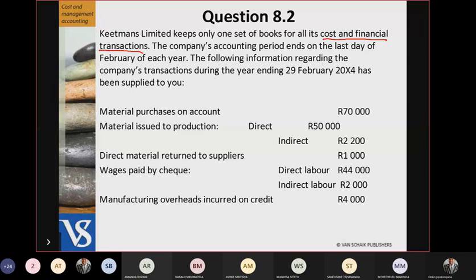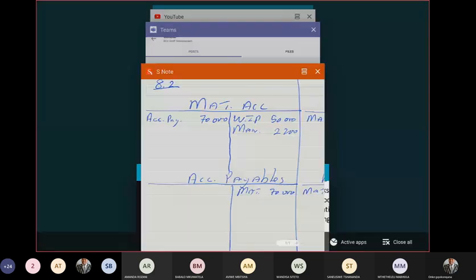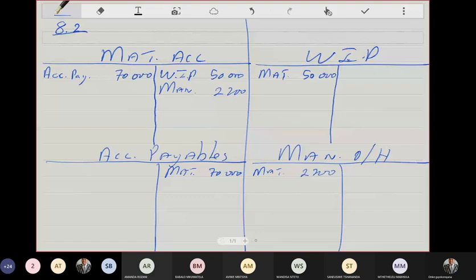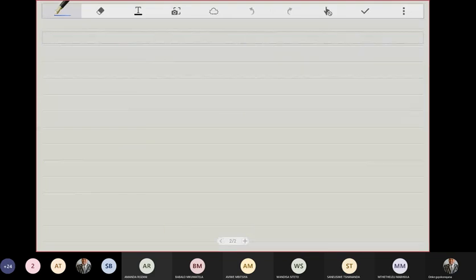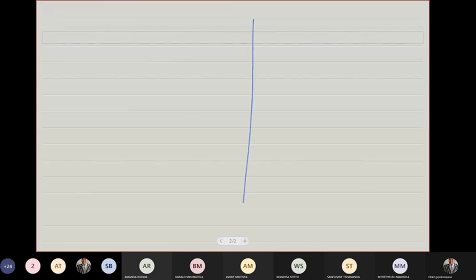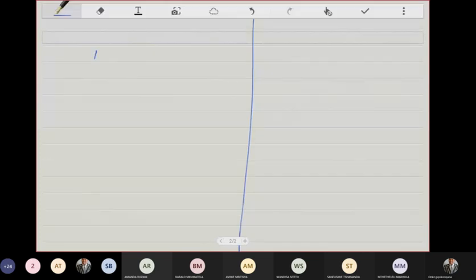We need to look at that. You see which accounts are going to be involved. So, excuse me, we need to open up the wage.